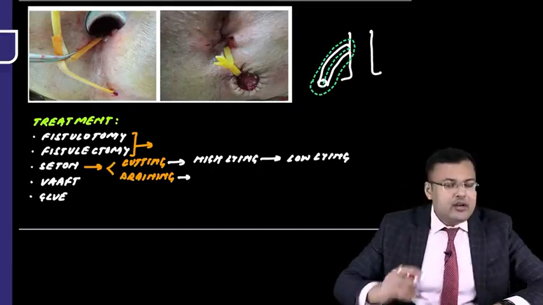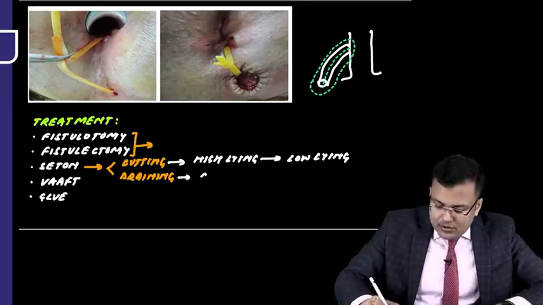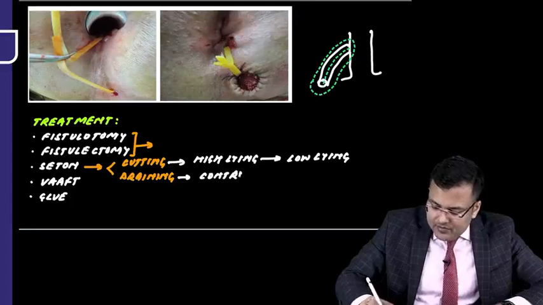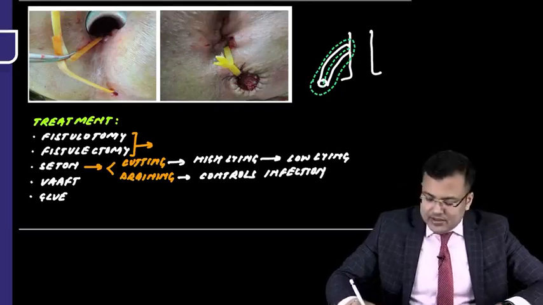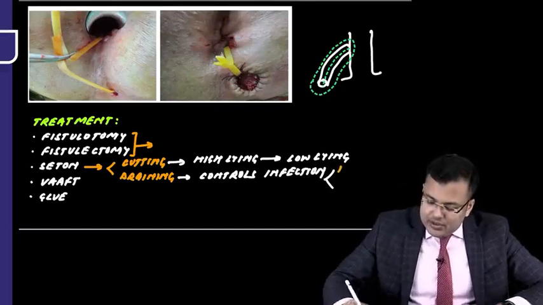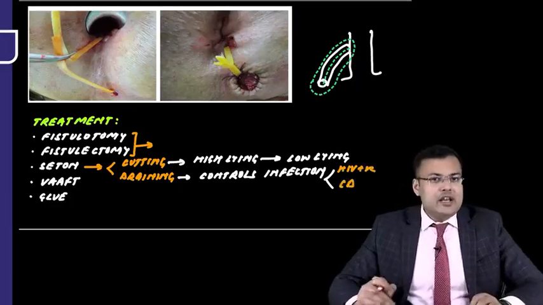And draining Seton is going to drain the pus and the infection, so it controls infection. In which patients? Patients who are HIV positive and Crohn's disease patients, we use draining Seton.